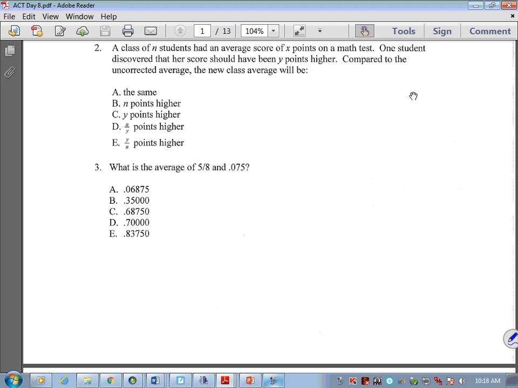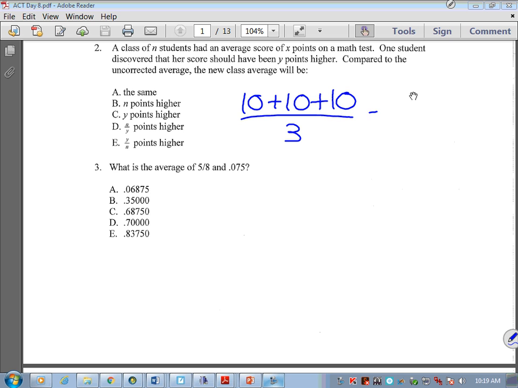Let's even keep it simpler, and say all 3 students scored 10 on a math test. Well, we should be able to determine the average there: 10 points, right? That's what the average would be.